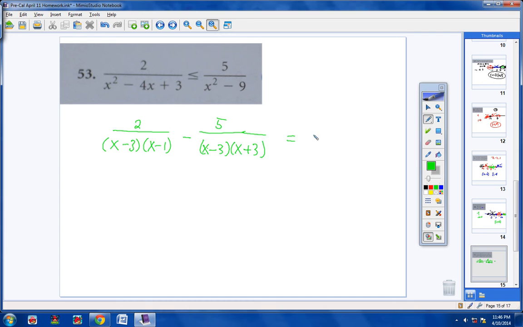So equals 0. Now, the common denominator for all of this would definitely be x minus 3 quantity squared times x minus 1. And the reason it's quantity squared is you say to yourself, how many groups of x minus 3 do I have in this denominator? 1. How many groups do I have in this one? 2. Which one has the most?